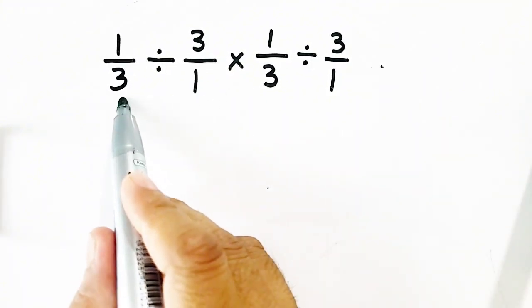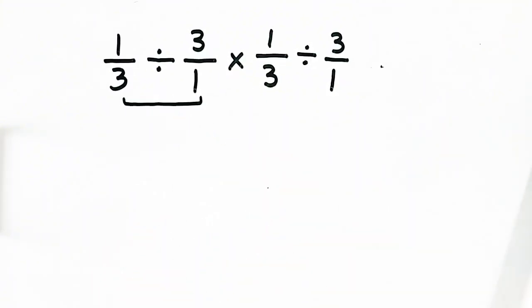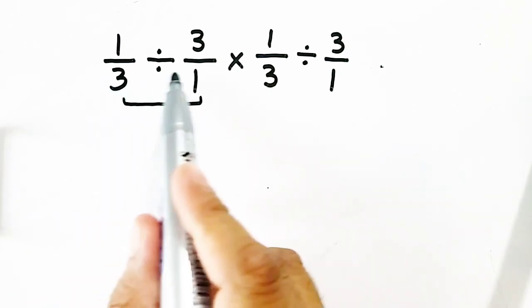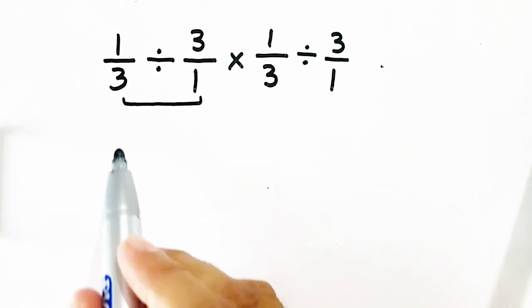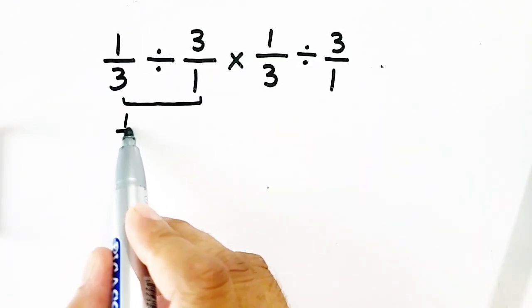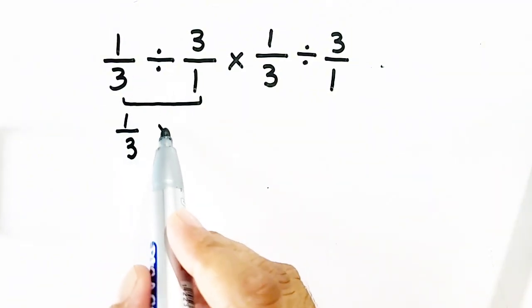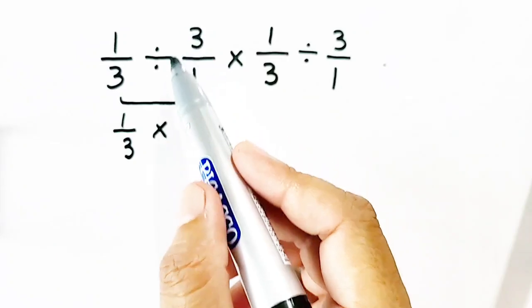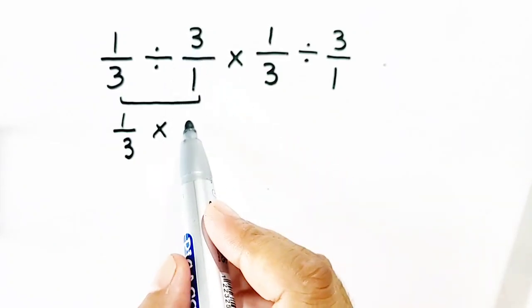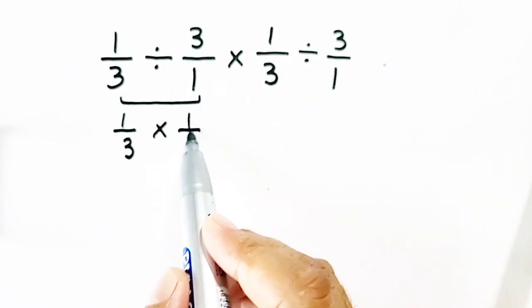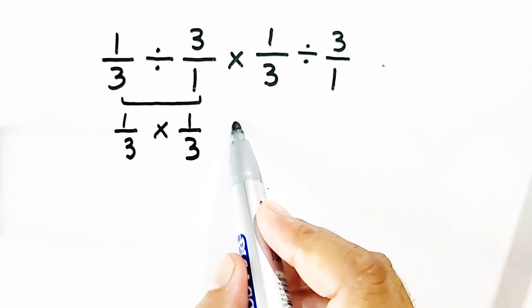Now we will perform its solution. 1/3 ÷ 3/1 can be written as: 1/3 is kept itself, division is changed into multiplication, and flip the 3, it will be 1/3, okay?